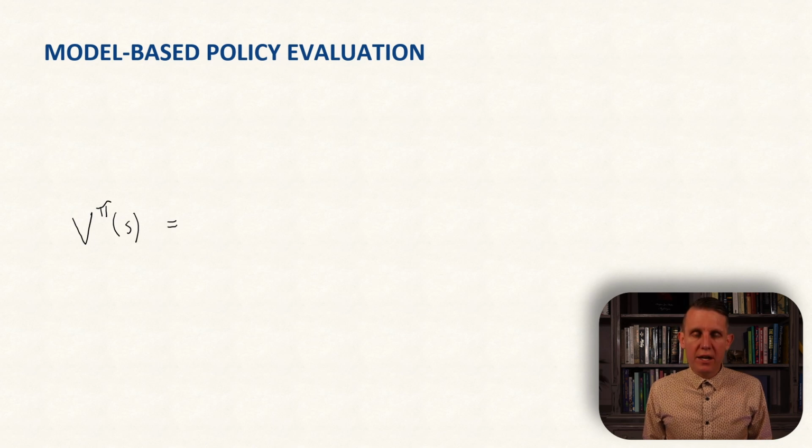Note the slight difference in notation to the way we've been using value functions previously, in that we have this pi parameter here. We're trying to evaluate the value of the state S given this policy rather than the real value of state S. We evaluate it using the following.